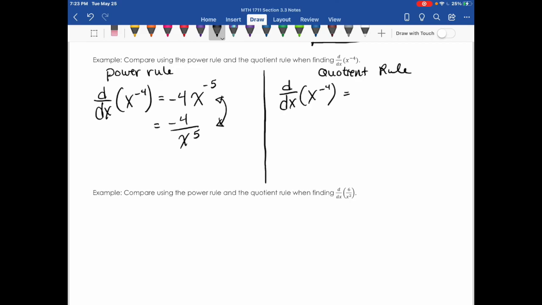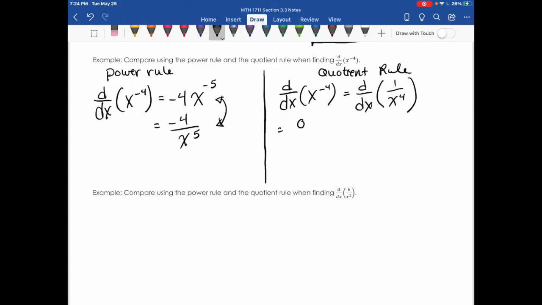Now let's do this with the quotient rule. Before I take the derivative, I can rewrite x to the negative 4 as 1 over x to the positive 4, because a negative exponent means I can take the reciprocal to make the exponent positive.